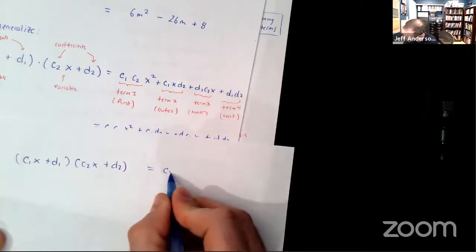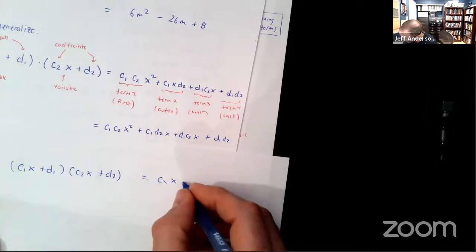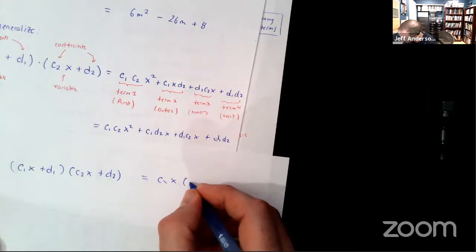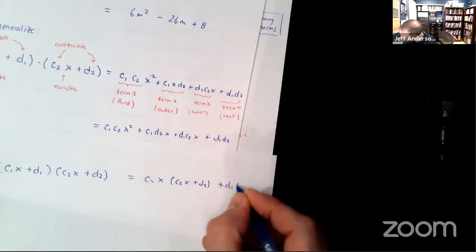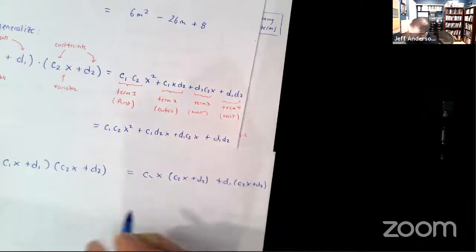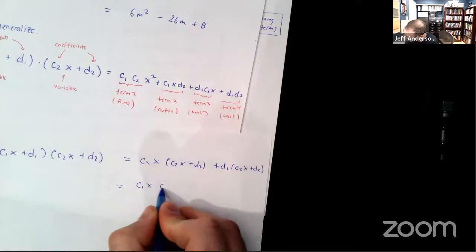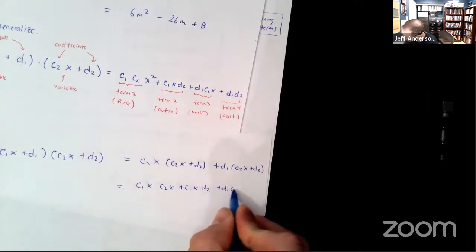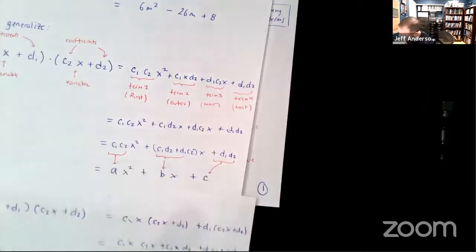When I look at that, that's C1x times C2x plus D2, plus D1 times C2x plus D2. And then that's the distributivity, right? I bring in this C1x: C1x C2x plus C1x D2 plus D1 C2x plus D1 D2. Okay, so check that out.